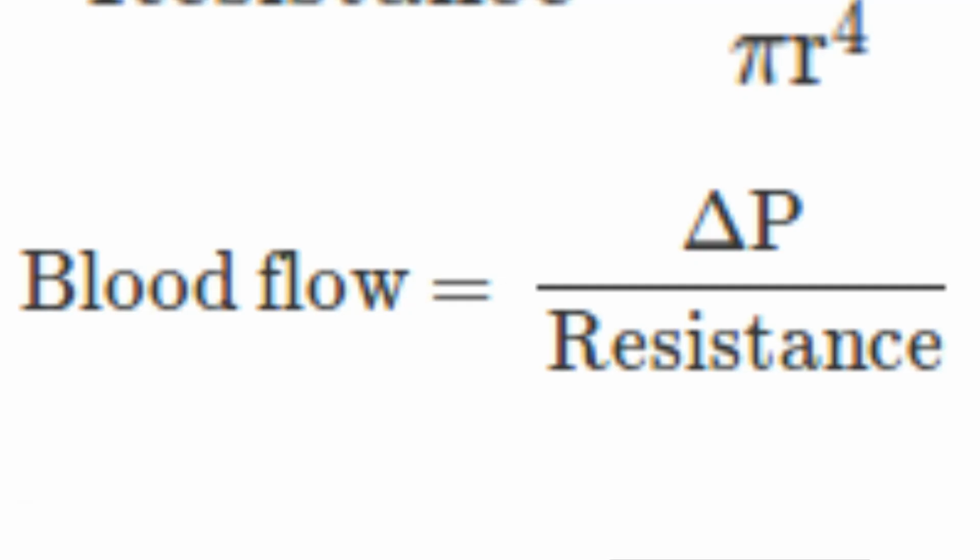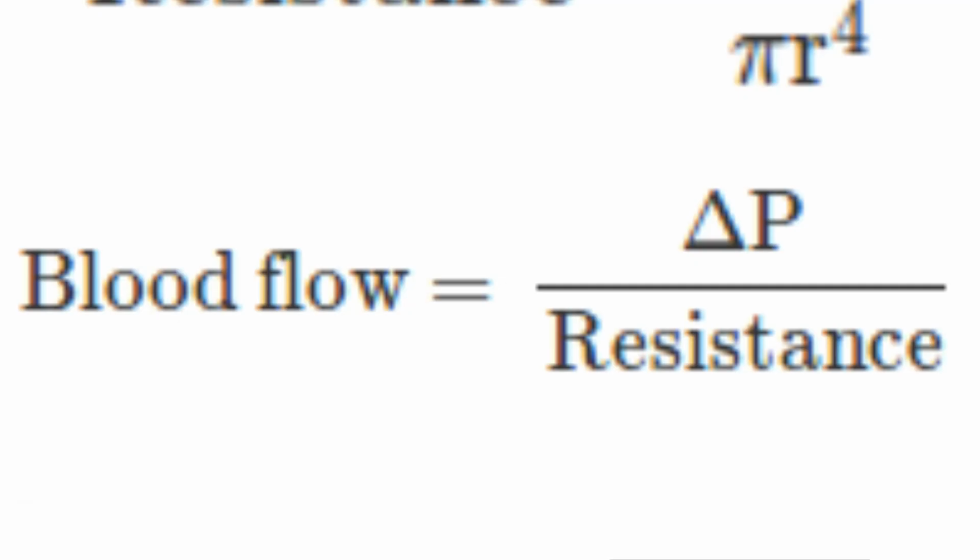Blood flow is equal to the ratio between the difference in pressure over the resistance. Now, I described the difference in pressure before. That's just what's pushing the blood through, coming ultimately from the beating heart. Resistance really ties up a lot of the different things in that previous equation, length, diameter, the constant pi, viscosity, into a force working against blood flow.